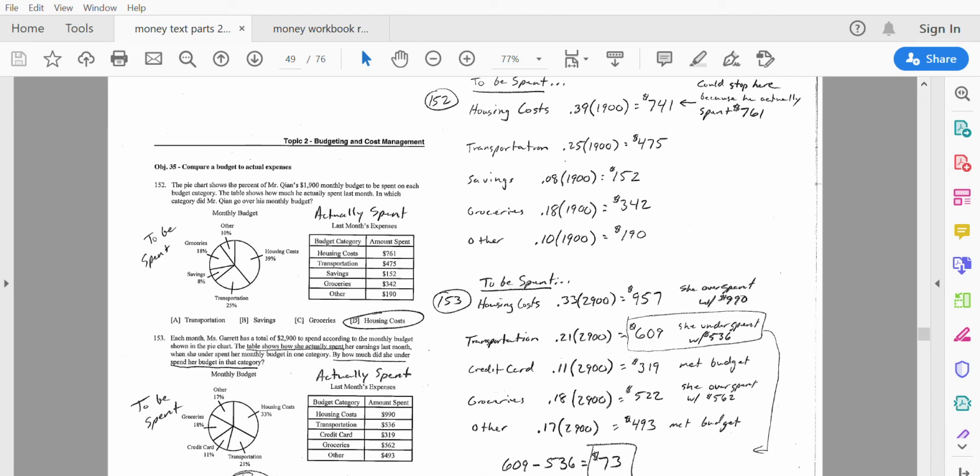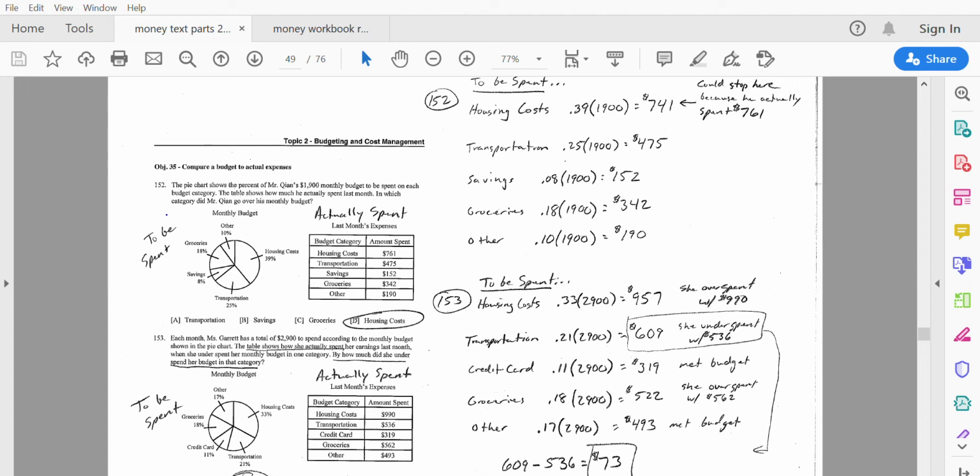I've got 2 problems on this page. We'll start with 152 here. It says the pie chart shows the percent of his $1,900 monthly budget to be spent on each budget category. A budget is what he plans on spending and how he wants to divide his money up.